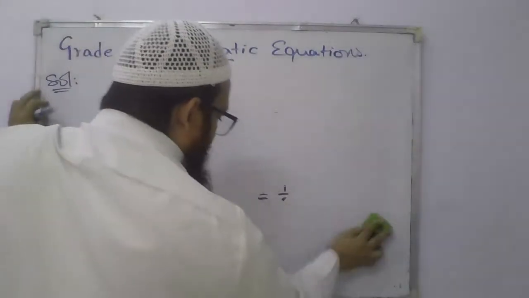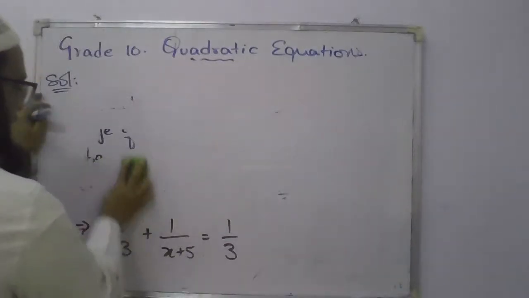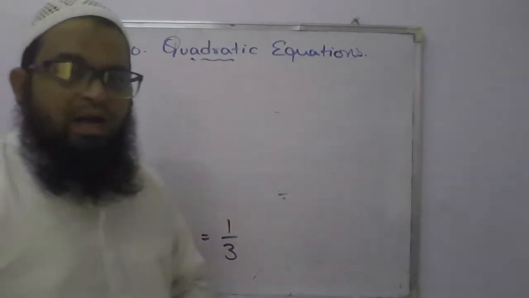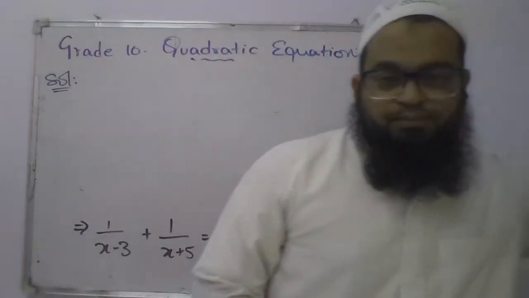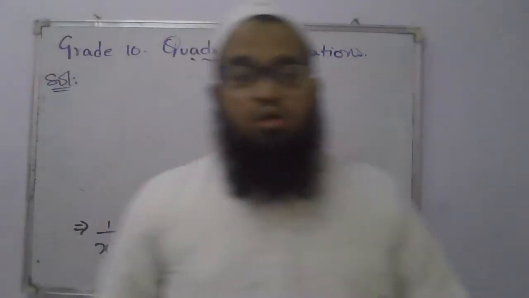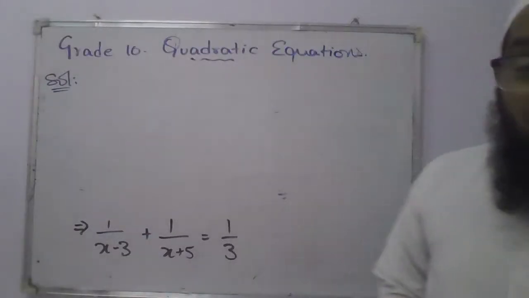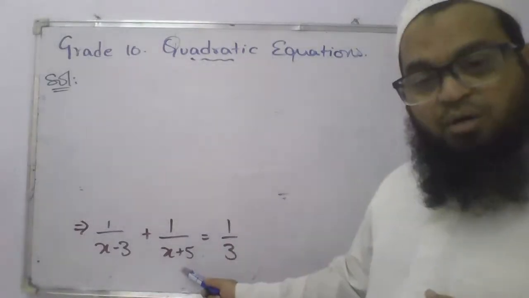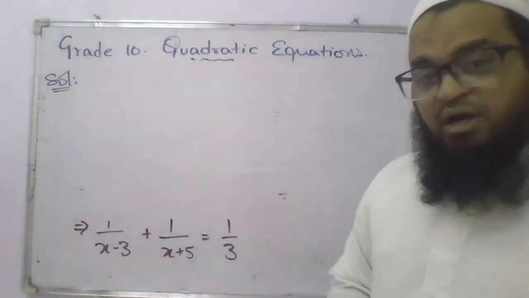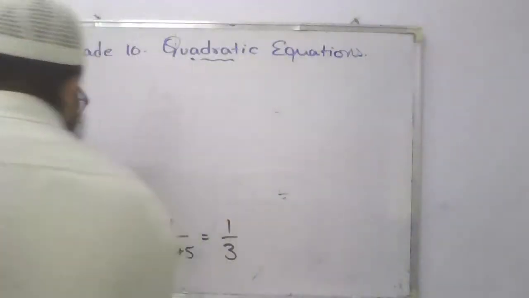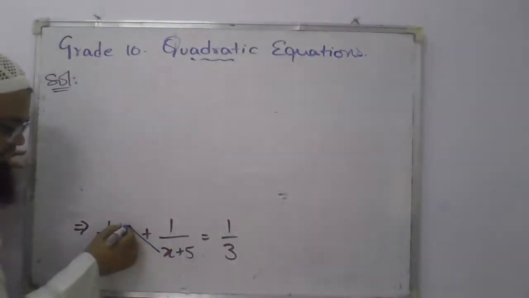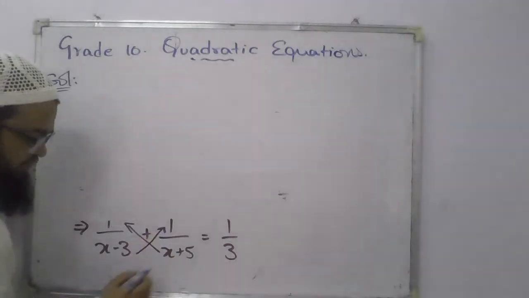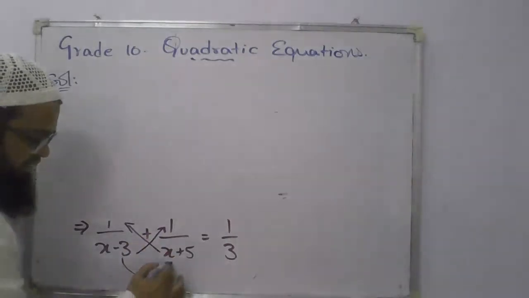So, how to go forward, sir? Sir, how can you add fractions? Whenever you add fractions, the denominators should be equal, right? Like fractions. Do you have equal denominators? No, sir. When you don't have equal denominators, what do you do? You multiply the first numerator with the second denominator, and the second numerator with the first denominator, and then multiply the two denominators.